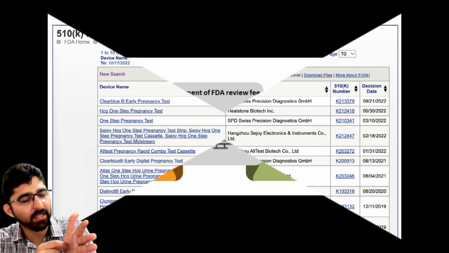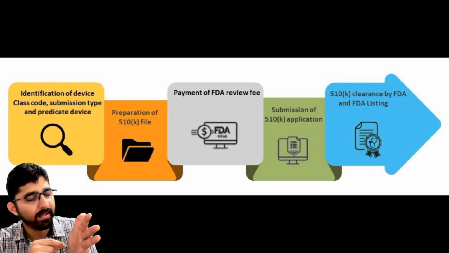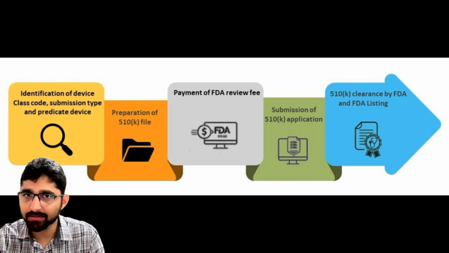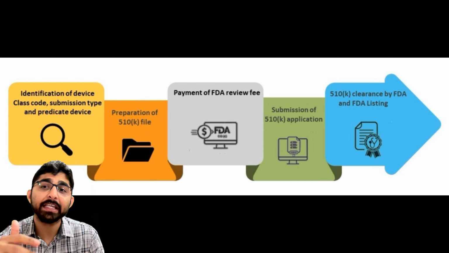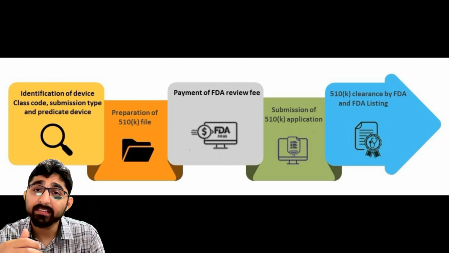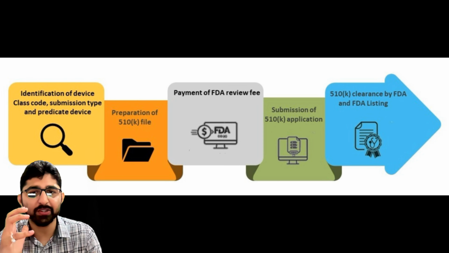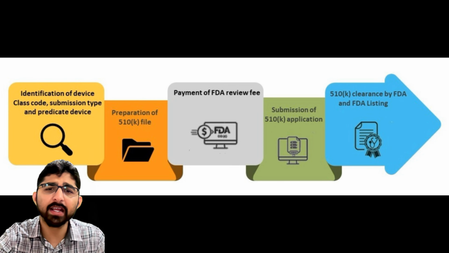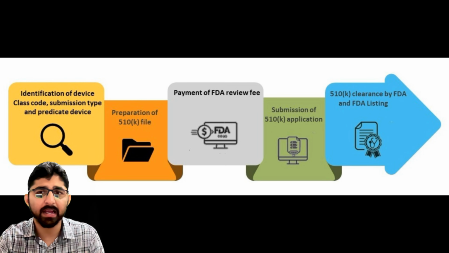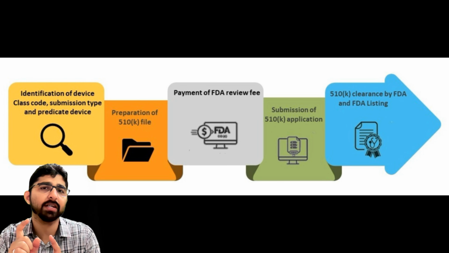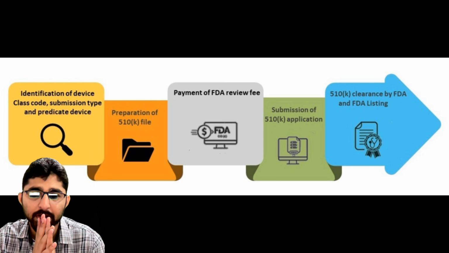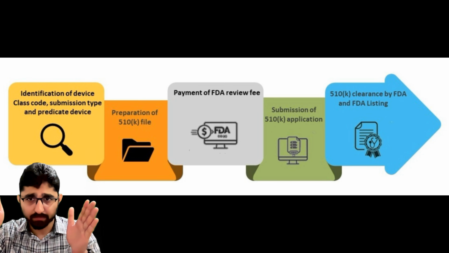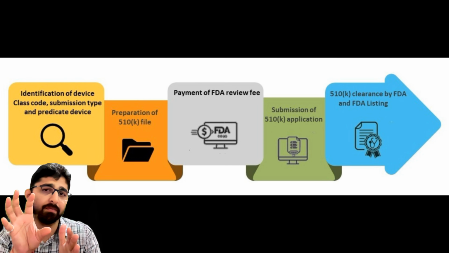They include information such as indication for use, the labeling information, the substantial equivalence comparison, the proposed labeling, and other useful information, right? So before I go deep into the third step, I am displaying a process flowchart at the back of the screen. You can see I have mentioned one arrow having 5 different color blocks.